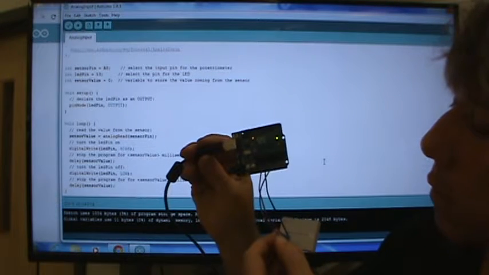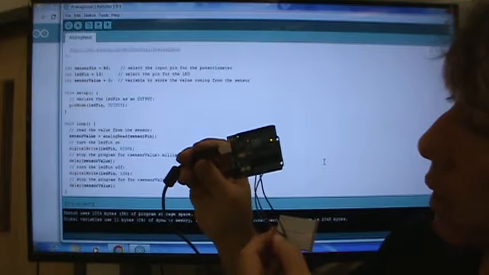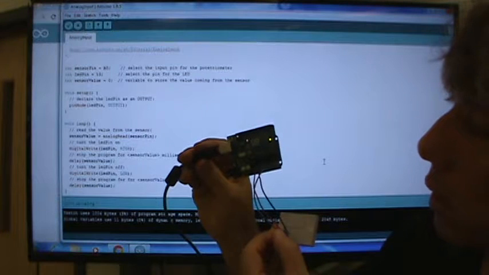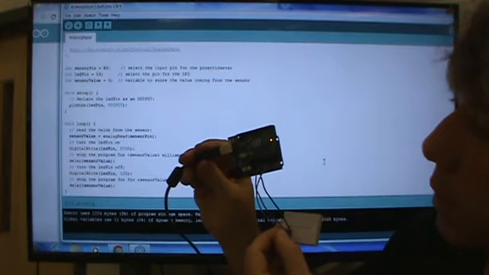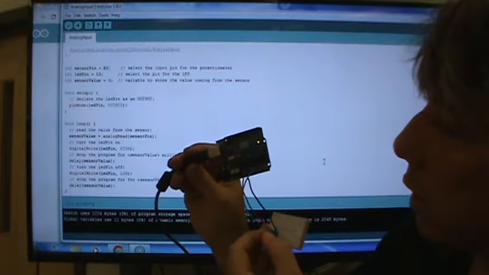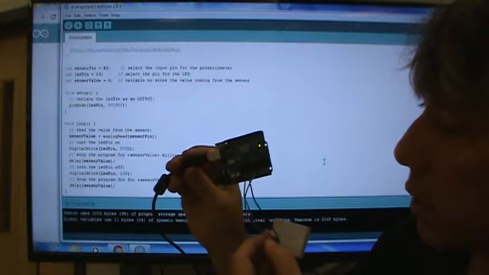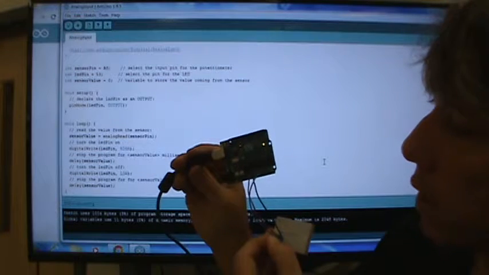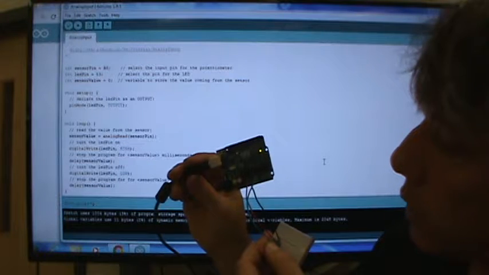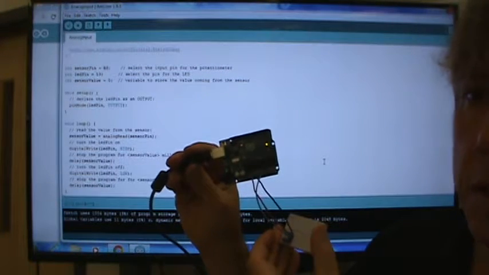As I turn farther and farther counterclockwise, what I'm doing is I'm decreasing the resistance on one side. I'm basically putting in a lower number, decreasing the voltage, okay? And you see the LED flashing faster. In fact, if you turn it all the way to the extreme end, it looks like the LED is just on solid.